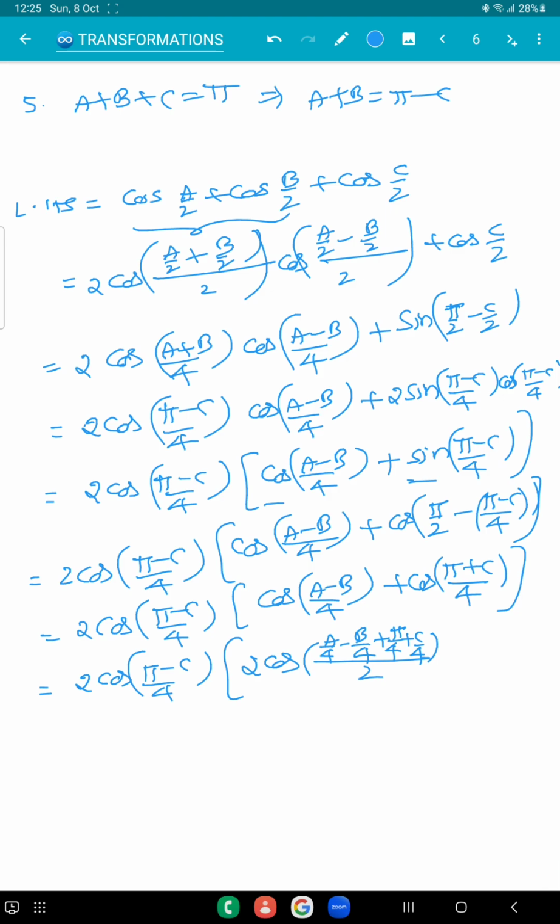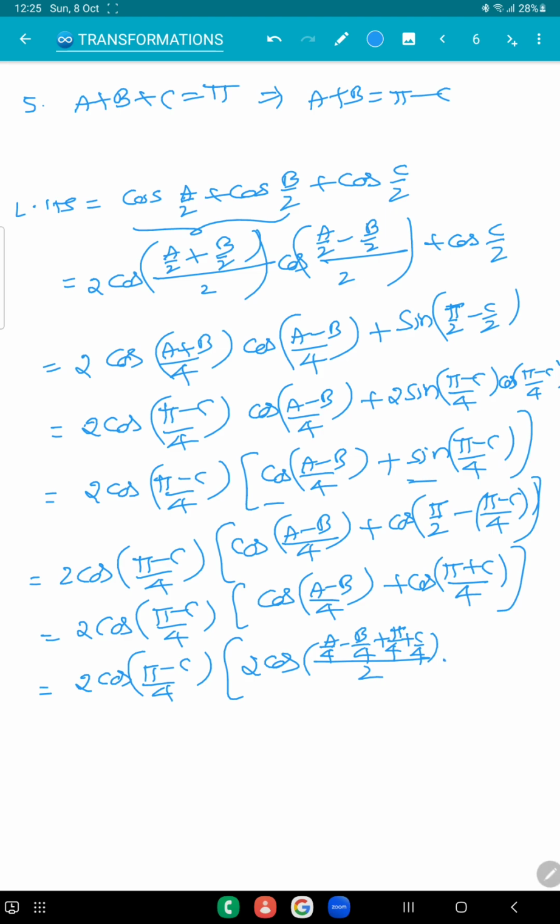Or else you can keep it like that also. π minus c is written as a plus b, over 4. Yeah, it is fine. From this step, if I keep it like that, no issues.